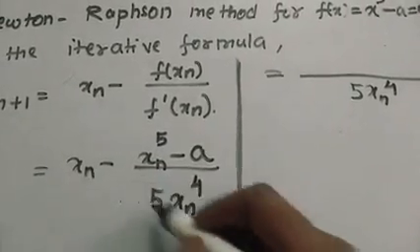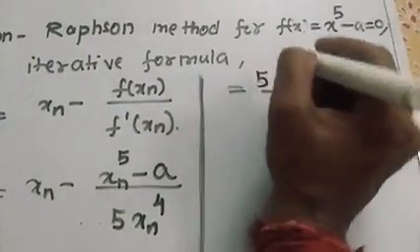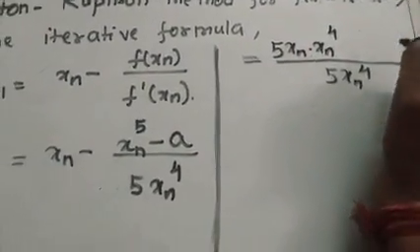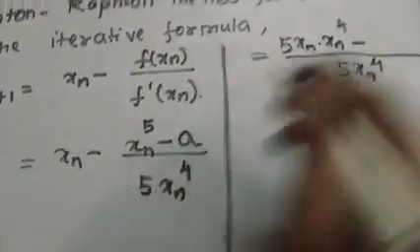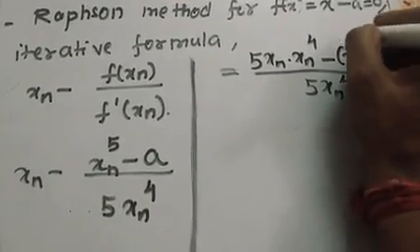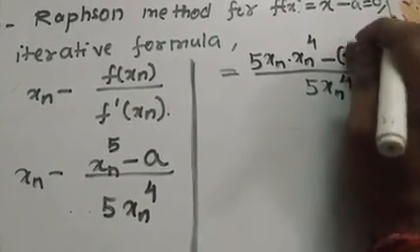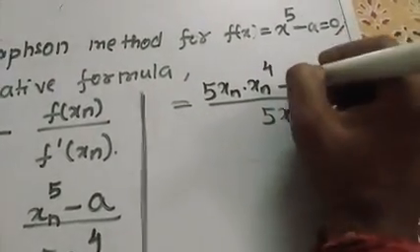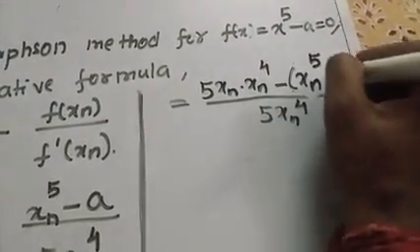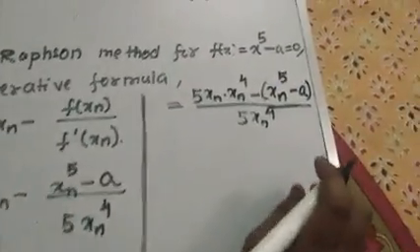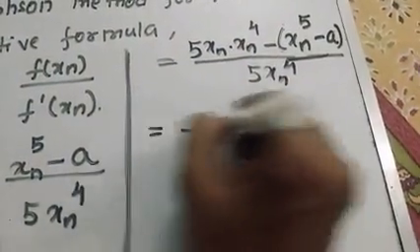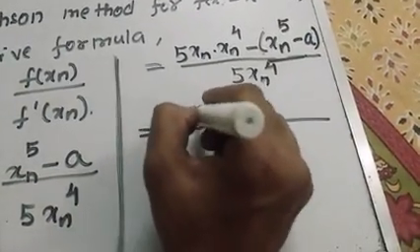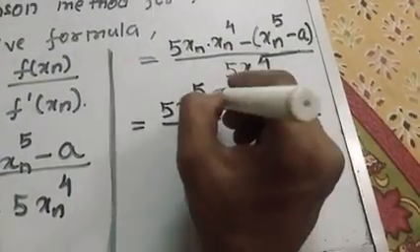Now cross multiplying, 5xn into xn to the power 4, minus, and this term will be in bracket, xn to the power 5 minus a. Now simplifying it, we will get xn times xn to the power 4, that is 5xn to the power 5.